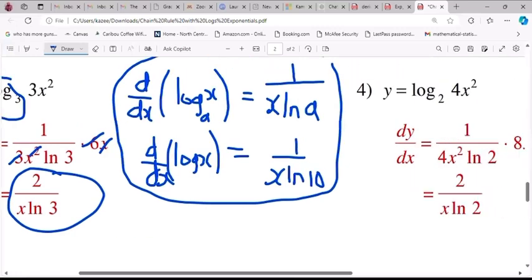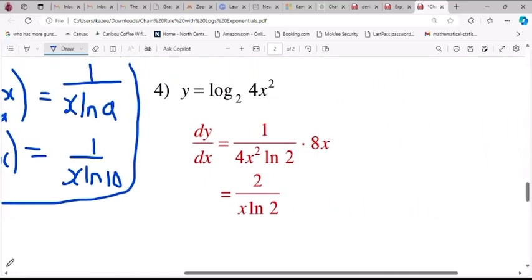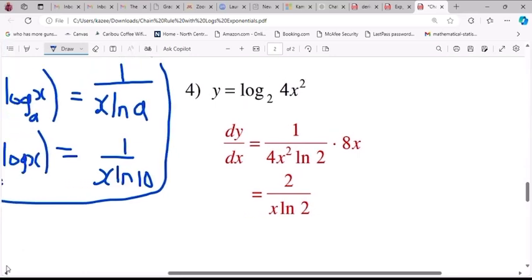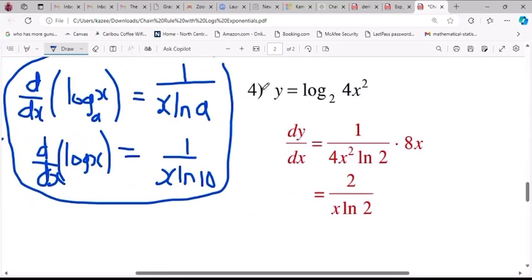Now I'm going to walk you through another example if you still want to follow the law. If you take a look here, we're going to make use of the law. At the top, you can see 4x squared. We're going to differentiate 4x squared, and that will be 8x.